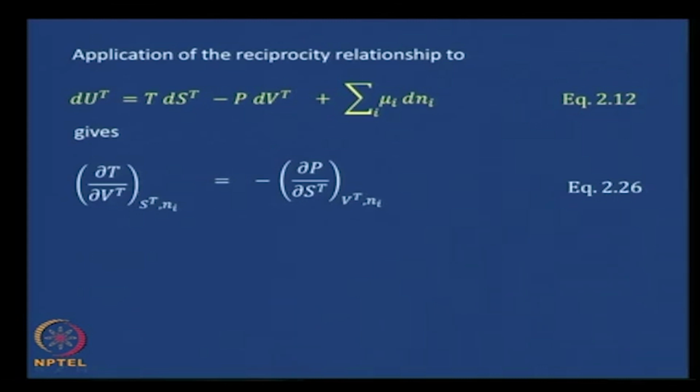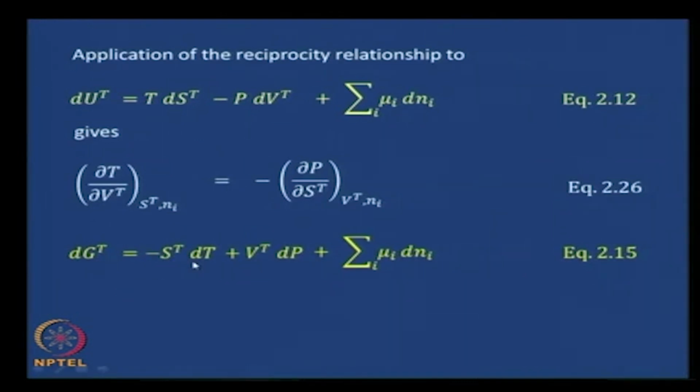Let me show this a few more times so that it becomes simpler to remember. Let us consider the next relationship, dGt equals minus St dT plus Vt dP plus summation of mu i dni, as we have already seen in equation 2.15.